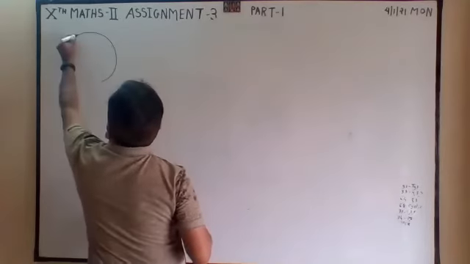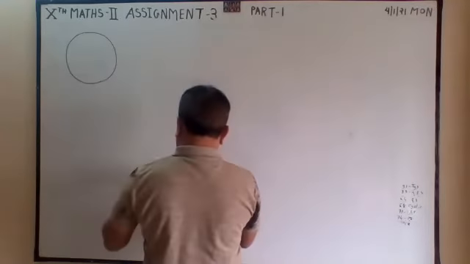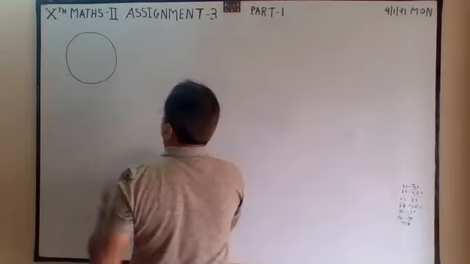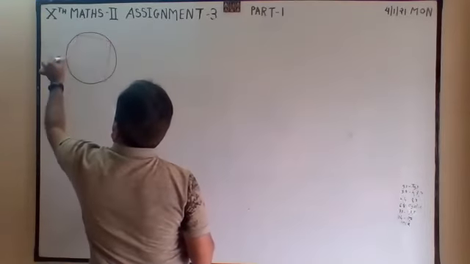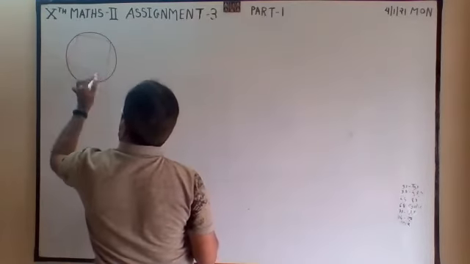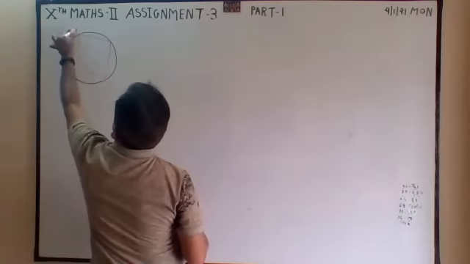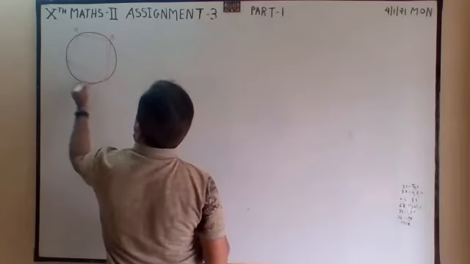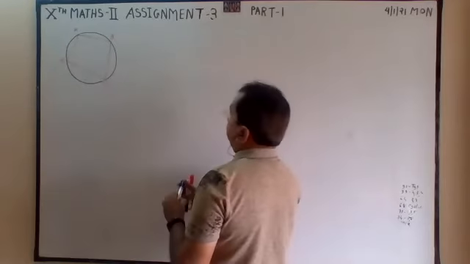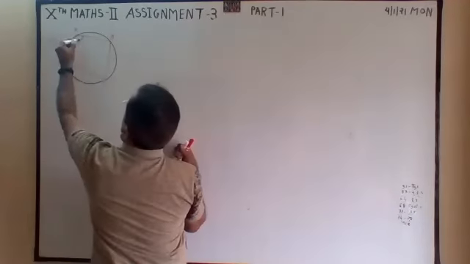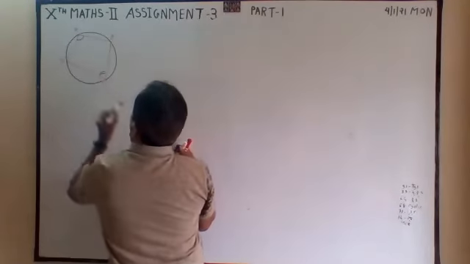This is a circle. Any quadrilateral you can draw. This is A, B, C, D. Angle this plus angle this is 180.